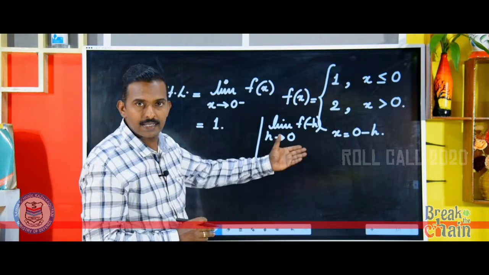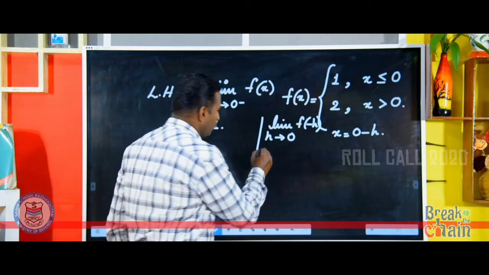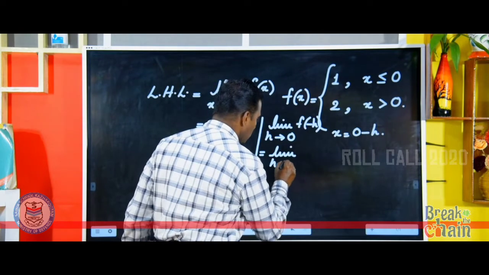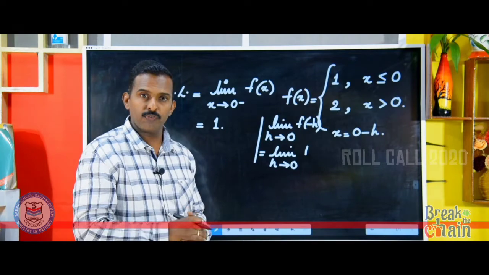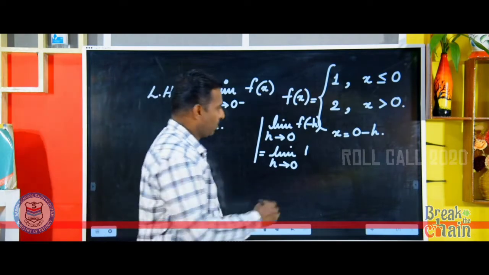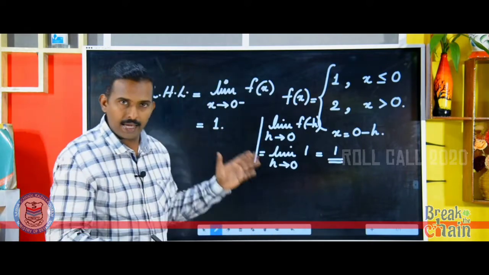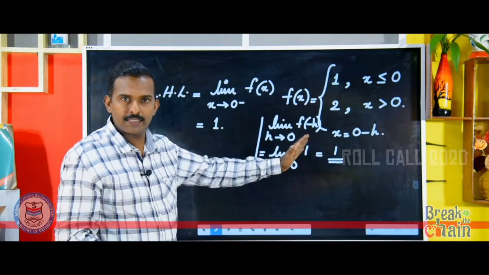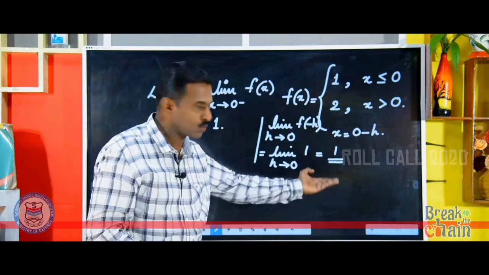For the negative side, the function takes the value 1. Therefore, this will change as limit h tends to 0 of 1, and the limit of a constant is the constant, and therefore LHL is 1. Same calculation, you make it direct or go by substitution. The LHL of the function at x equal to 0 is 1.